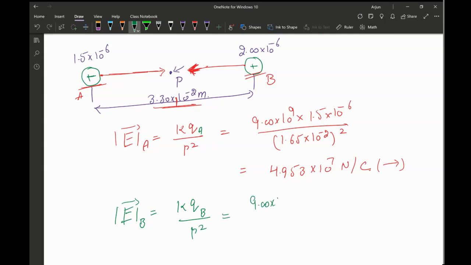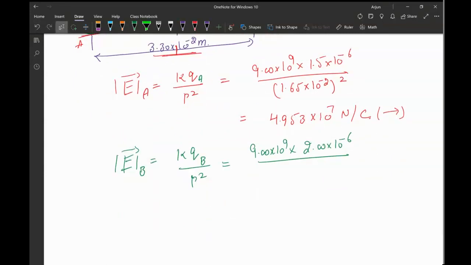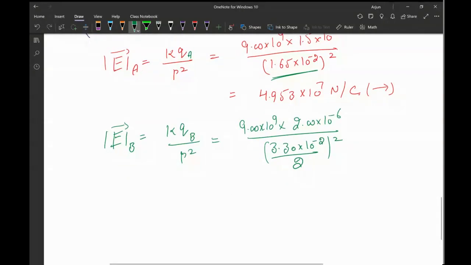So 9.00 times 10 raised to the power 9, QB value is 2.00 times 10 raised to the power negative 6, divided by R, which is the distance from the sphere B, which will be equal to 3.30 times 10 raised to the power negative 2, and then we have to halve it, which is pretty much exactly the same as the previous one, and then square it. I'm going to do the calculation. This value is 6.604 times 10 raised to power 7 Newton per Coulomb.